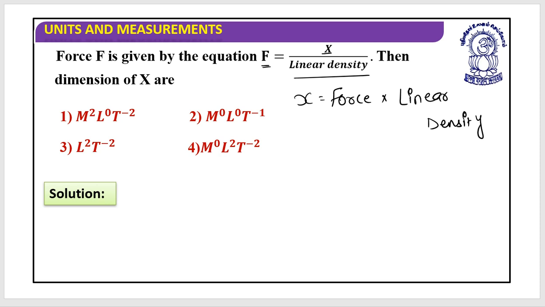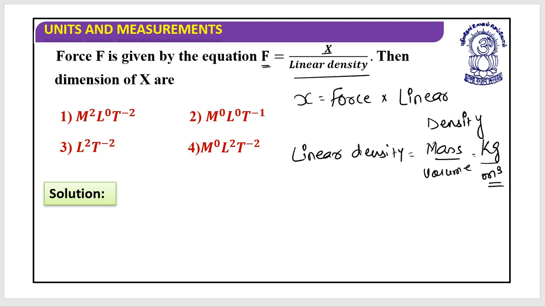Now what are the units of density, or rather a linear density? Linear density is the same as density only. Density is mass per volume, and if I make a unit of this, it is kg per meter cube.